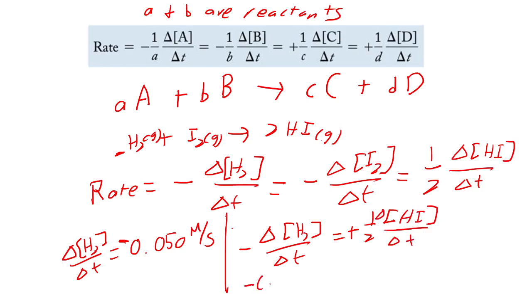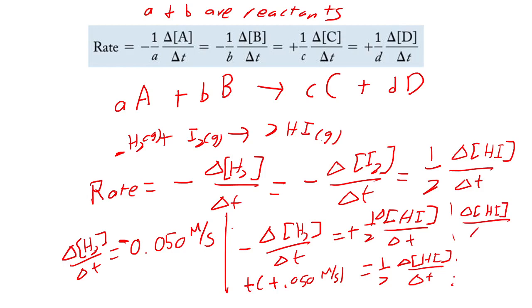So we have a negative 0.050 molar per second is equal to 1/2 of the HI that we're interested in. Well, now I'm going to multiply. First, these negatives are going to cancel, give me a positive. I'm going to multiply both sides by 2 to get rid of this fraction here. So that's going to tell me that my change in HI with respect to time at this time frame is going to be 0.100 molar per second.